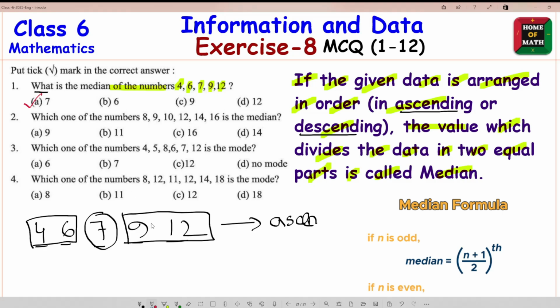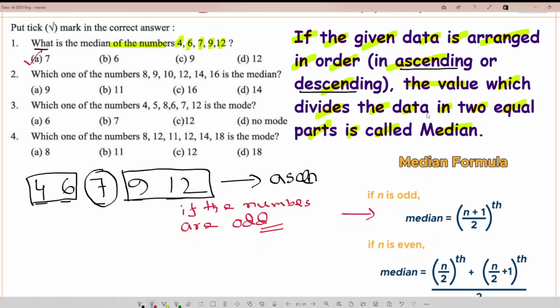But look, this only works if the count of numbers is odd. In this case we can also follow the formula, which is (n plus 1) divided by 2 term. Let's see how we can follow the rule. Here the numbers are 1, 2, 3, 4, 5. So n equals 5, which is odd.